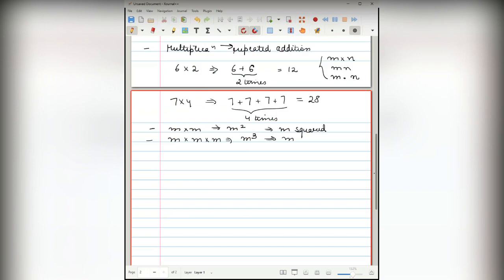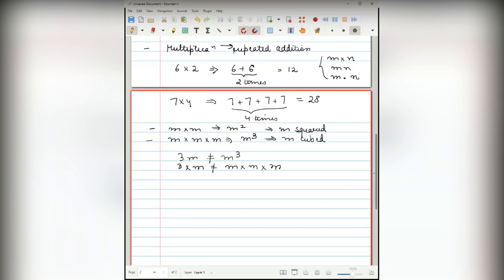There is one distinction: 3m is not equal to m cube. 3m is multiplying 3 into the number m, whereas m cube is multiplying m by itself 3 times.